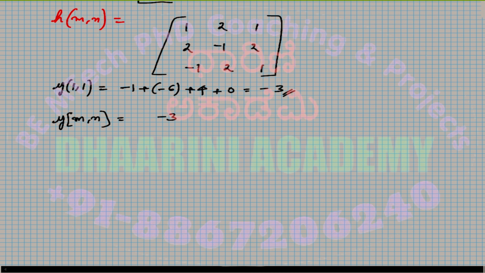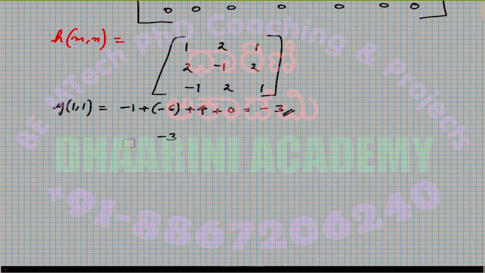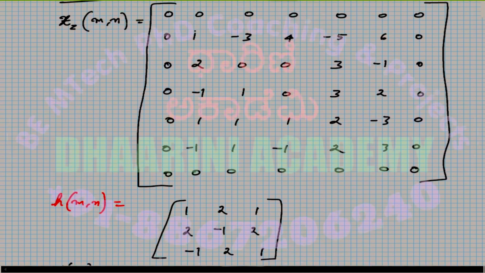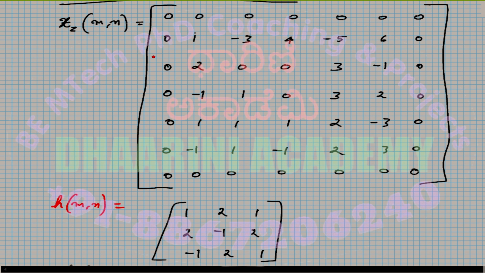So in order to find the first point over here, that is y of 1 comma 1, what we did, we simply brought this h of m comma n over this position. So just see 1 into 0, 2 into 0, this into 0, 2 into 0, minus 1 into 1, 2 into minus 3, minus 1 into 0, 2 into 2, 1 into 0.